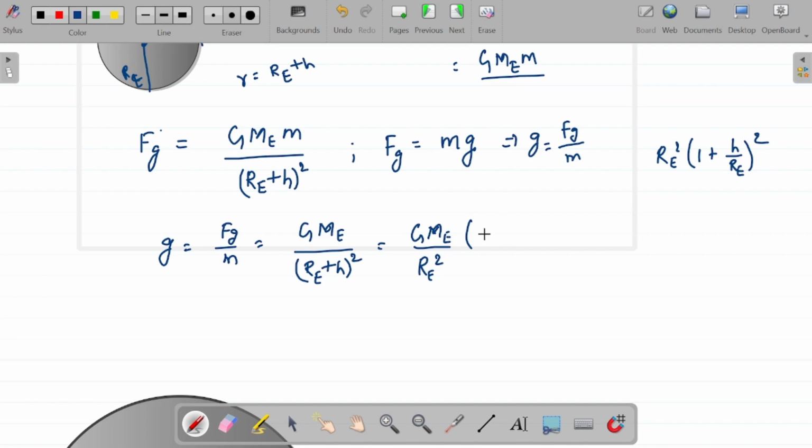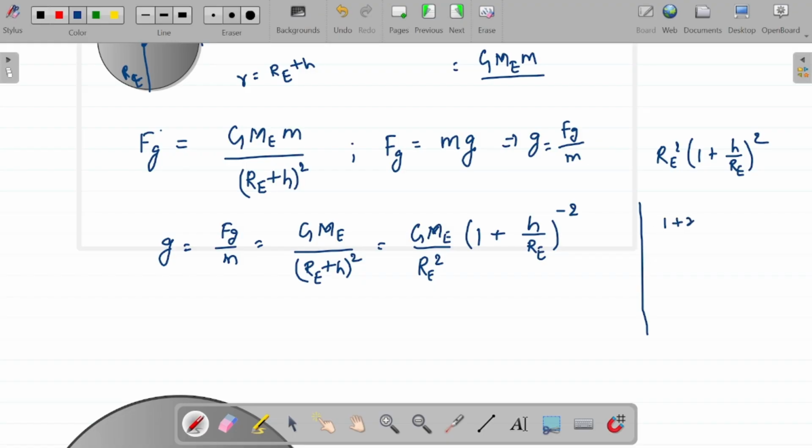So we can write (1 plus h by R_e) to the power minus 2. Why I'm writing this: we can use binomial expansion here. You have probably studied it; I'm writing its simplest form.